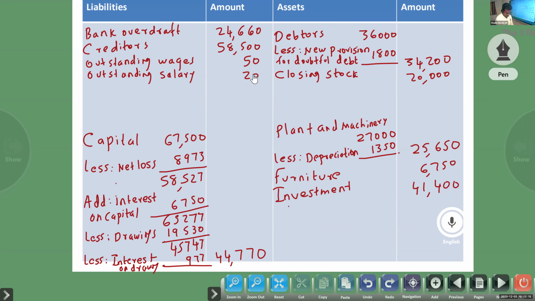So check the total. One lakh 28,000. 1,28,000.